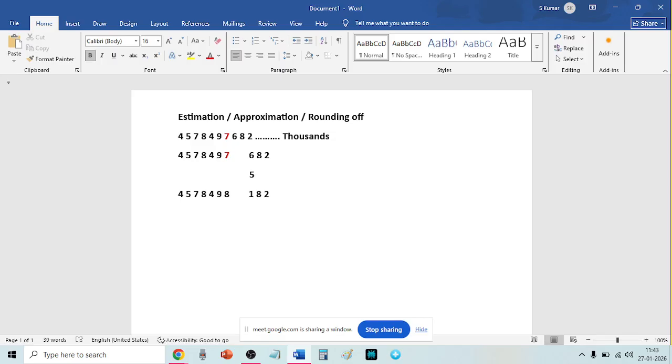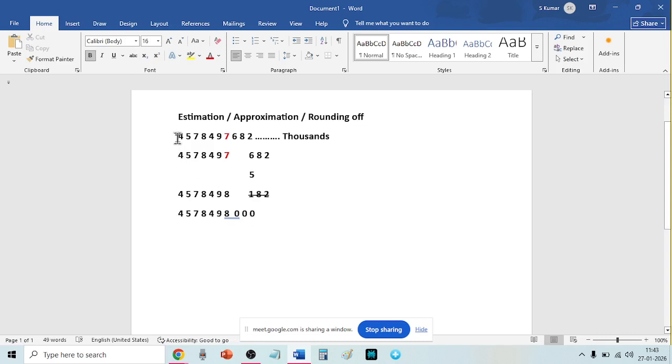So you will copy the first part, 4, 5, 7, 8, 4, 9, 8, and for the remaining you put 0, 0, 0, because this part you don't need. Practically, you have cut it. For all the part you have cut, you put 0.